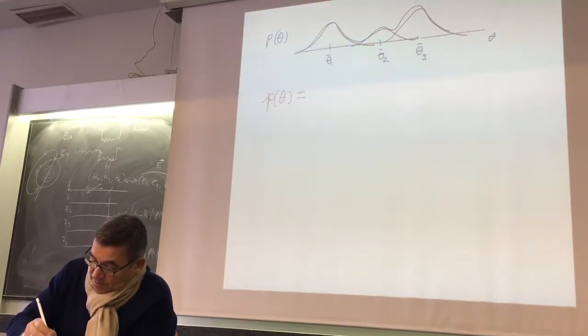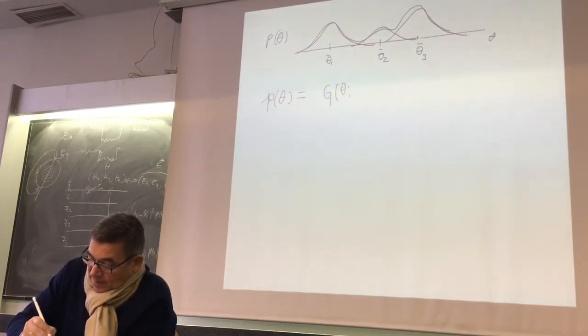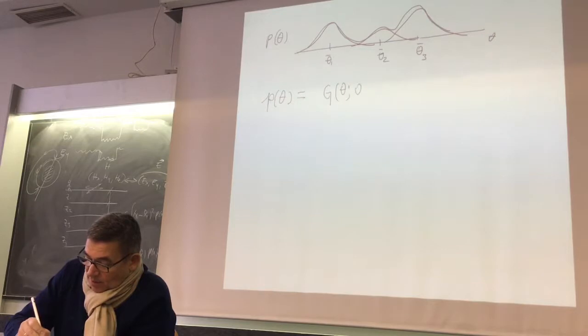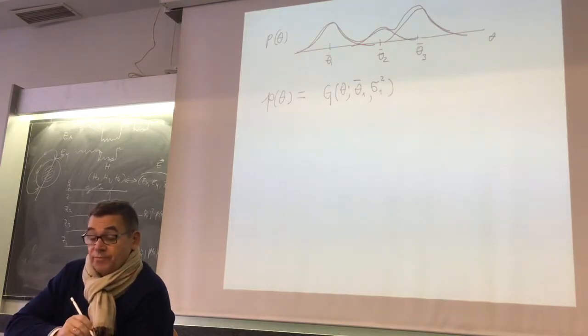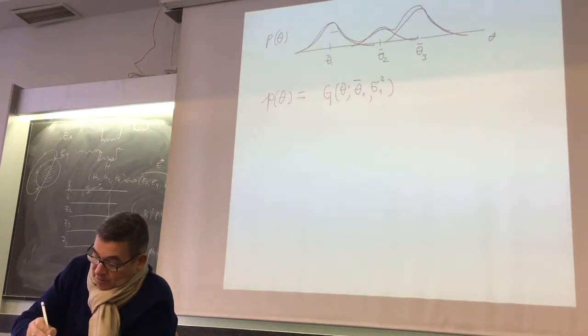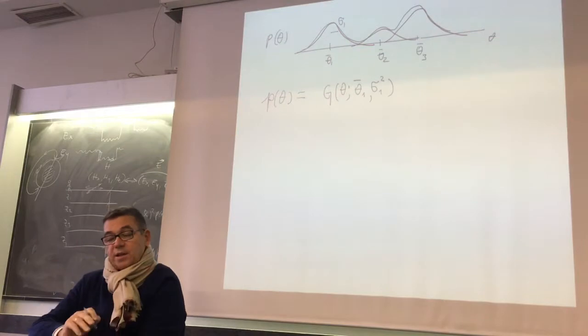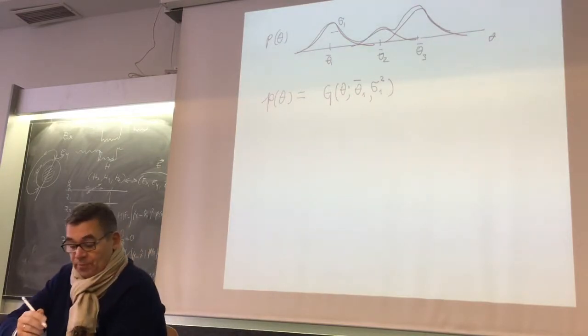So this p theta can be approximated, but this approximation becomes an equality, as a Gaussian on theta that has the mean theta 1, okay? And there's a variance sigma squared 1, where sigma 1 is the standard deviation of the Gaussian, okay?